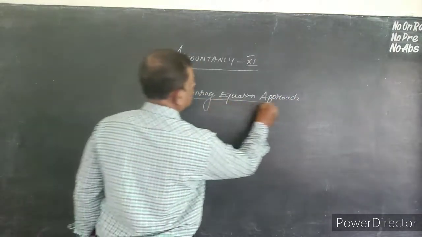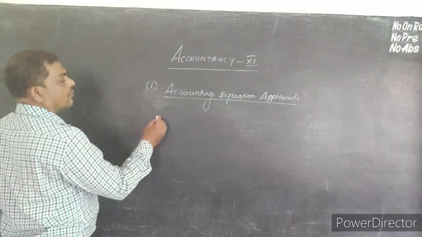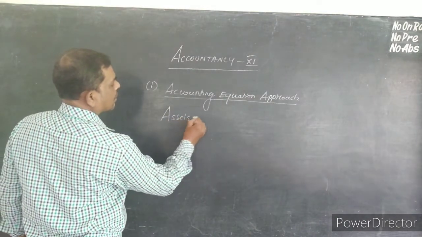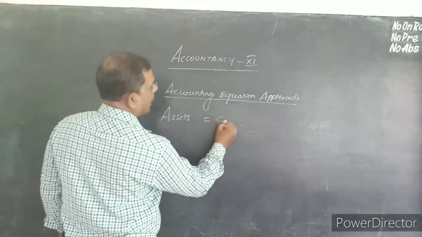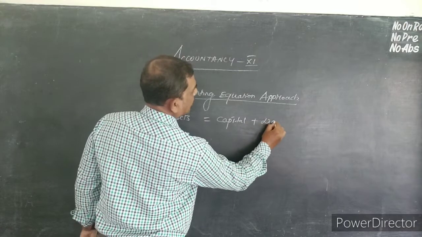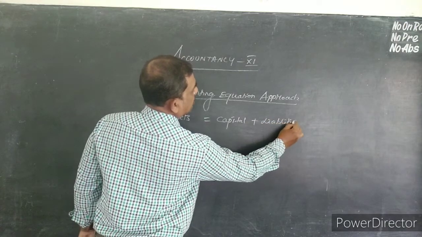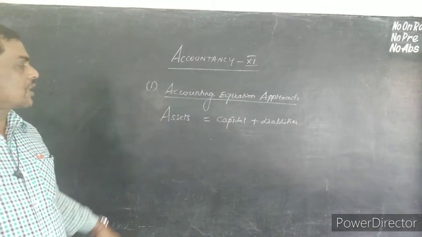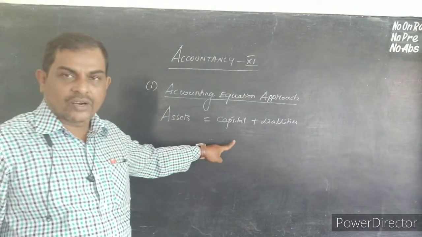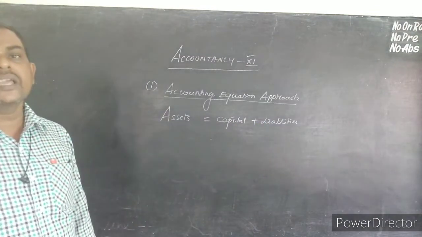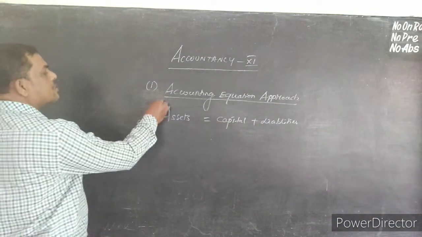Under this, the formula is assets is equal to capital plus liabilities. This is called the accounting equation approach: assets = capital + liabilities.